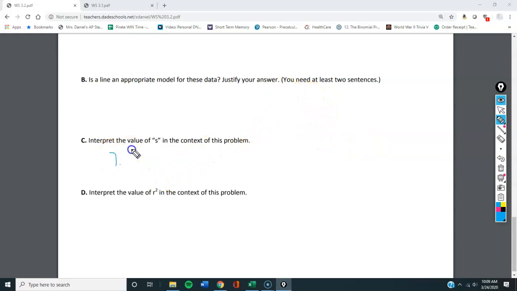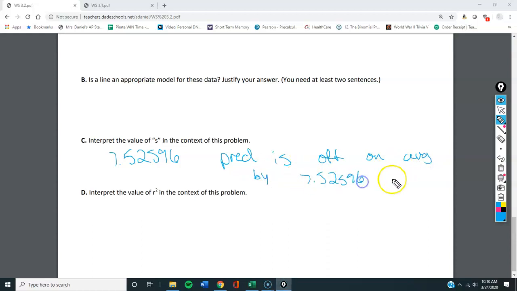So my S is 7.52596, right? That means that our prediction is off on average by 7.52596 hours. Okay, that's just your standard deviation. That's how far your predicted is usually away from your actual. What's r squared mean in this context?